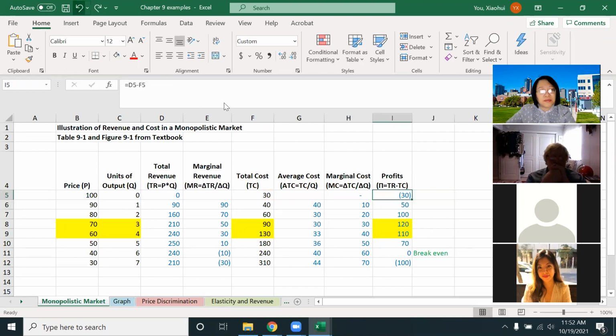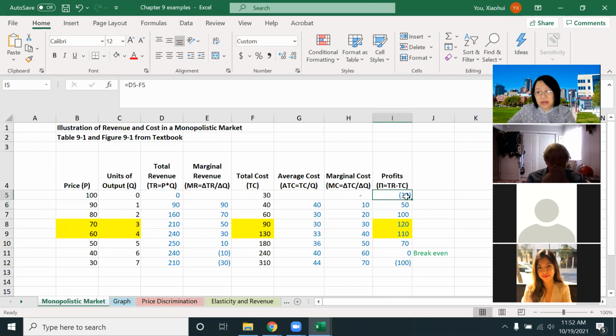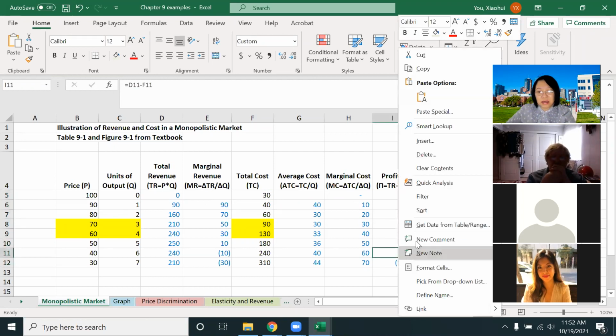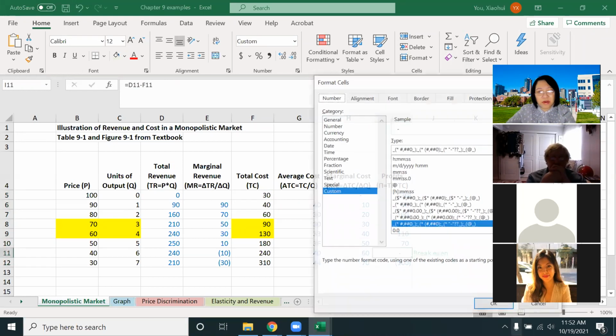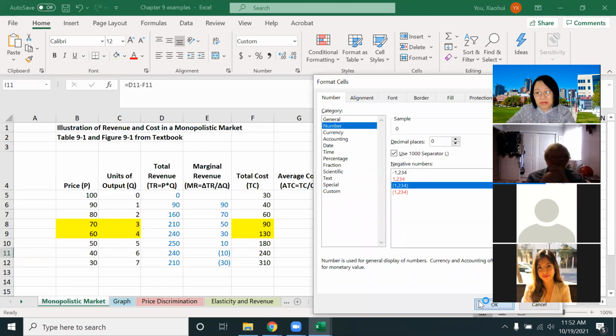Equal to total revenue, which is here, minus total cost, and then enter. Still the same thing, you just double click to get all the values. And I guess I need to change the cell format. This one is not custom, just the number 0.